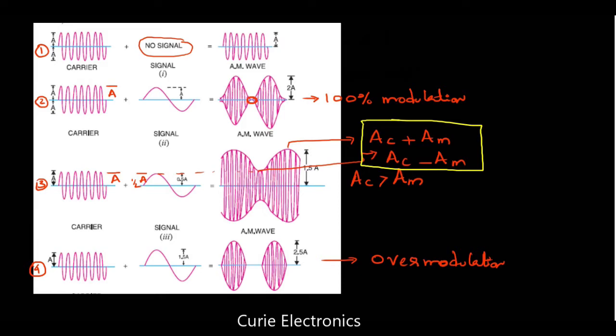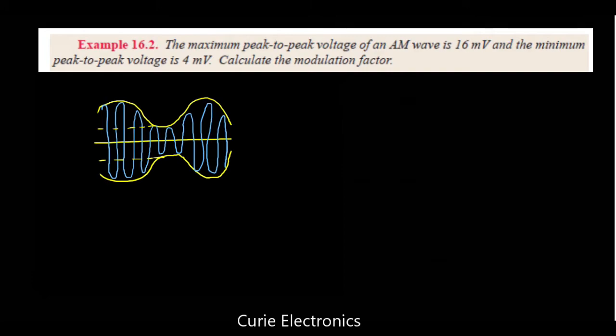Now we will solve a problem. The maximum peak to peak voltage of an AM wave is 16 millivolt. Maximum peak to peak voltage means from here to here. This is 16 millivolt. But for calculations we will take half only, we will always take the peak value only. Peak value is 8 millivolt, 8 millivolt top, 8 millivolt down.